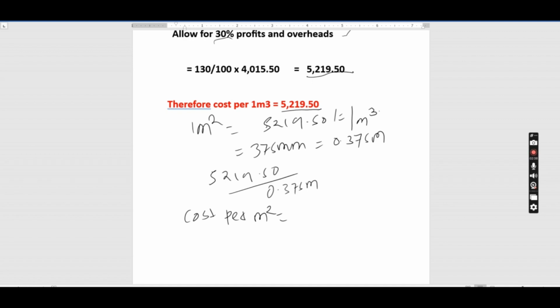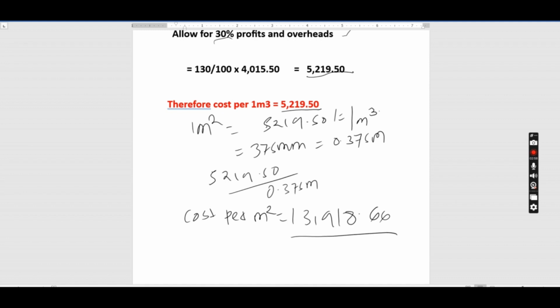So 5,219.50 divided by 0.375 is going to give us 13,918.66. So that is cost per meter square.